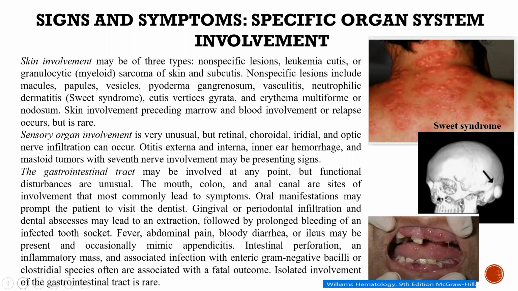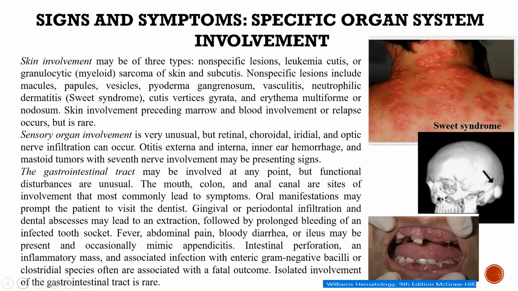Sensory organ involvement is very unusual, but retinal, choroidal, iridial, and optic nerve infiltration can occur. Otitis externa and interna in the ear, hemorrhage, and mastoid tumors with seventh nerve involvement may be present in some cases. The gastrointestinal tract may be involved at any point, but functional disturbance is unusual.